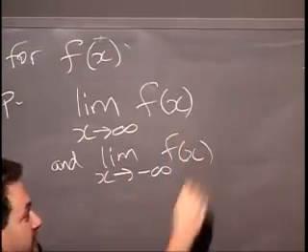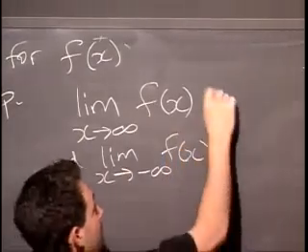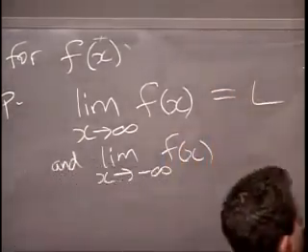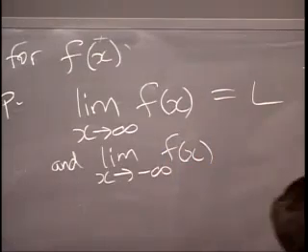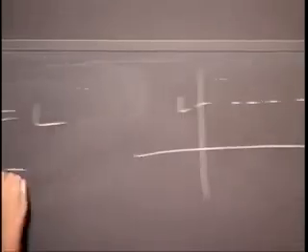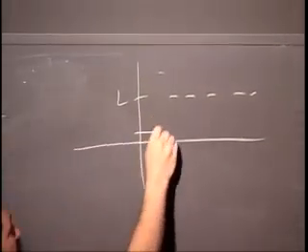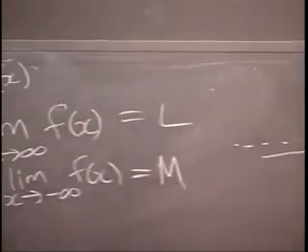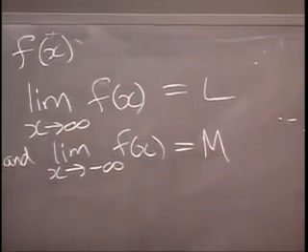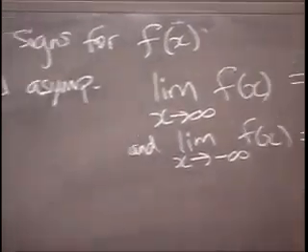Find those two limits. If this happens to equal L, say, then you have a right-hand horizontal asymptote at L. And if this happens to equal M, you have a left-hand horizontal asymptote at M. Of course, if the limits don't exist, you don't have horizontal asymptotes. Or if the limits are infinite.